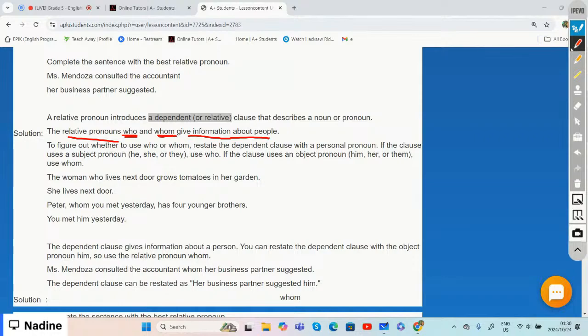In order for us to figure out whether to use who or whom, you need to reset the dependent clause with a personal pronoun.